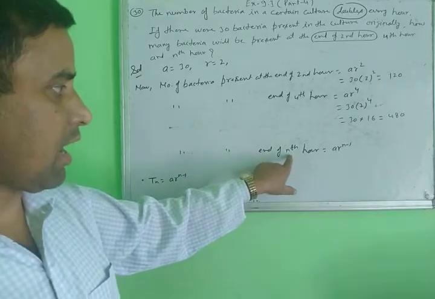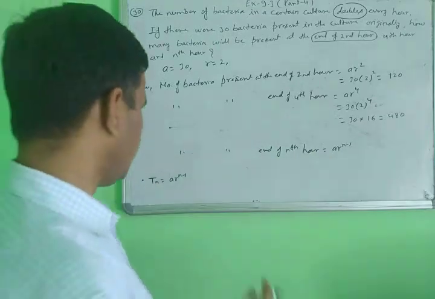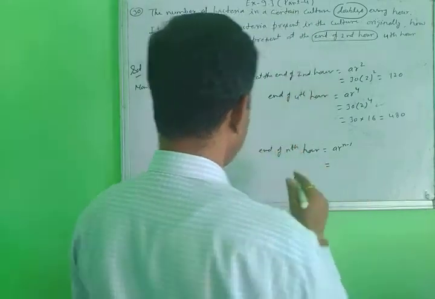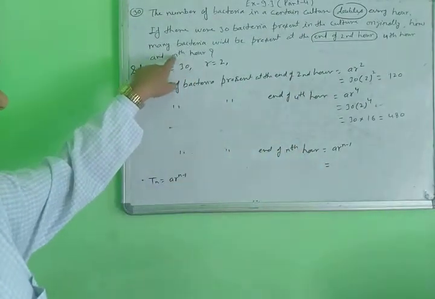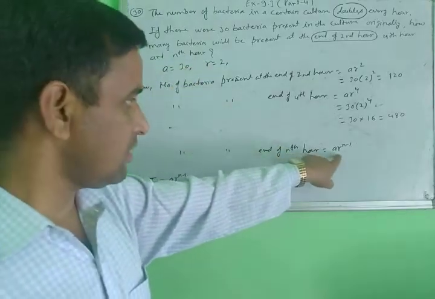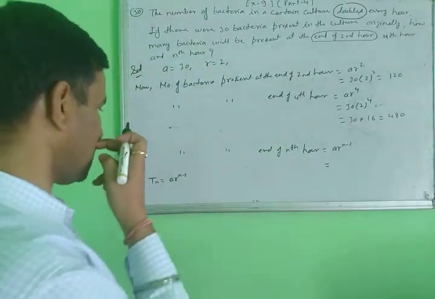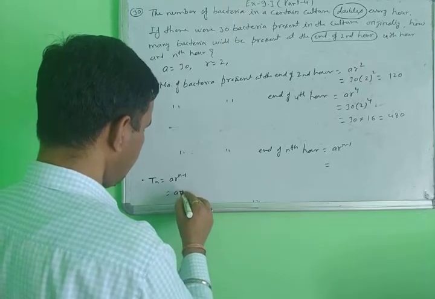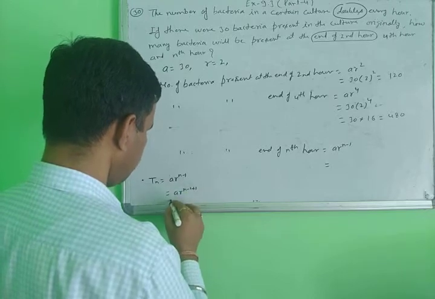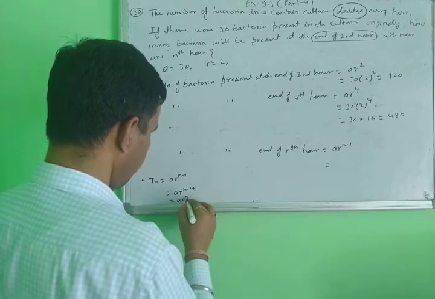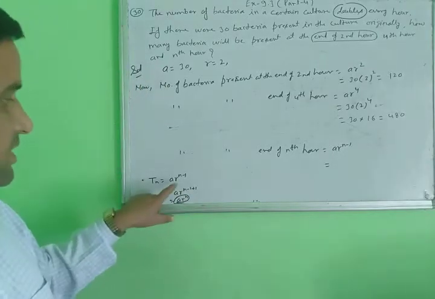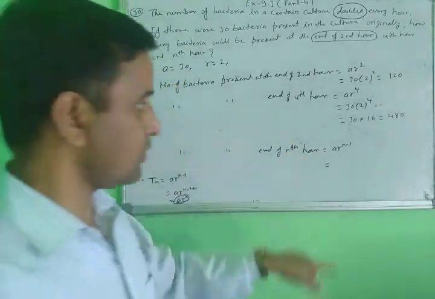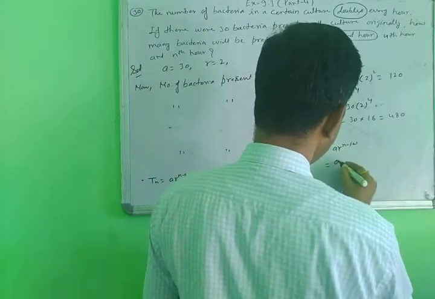But after the nth term, one more is added, so n plus 1. After the nth term means AR to the n minus 1 plus 1, so you can write here AR n. This is the general term, the nth term, and for after the nth term you write plus 1 also. So this will come here as ARn.